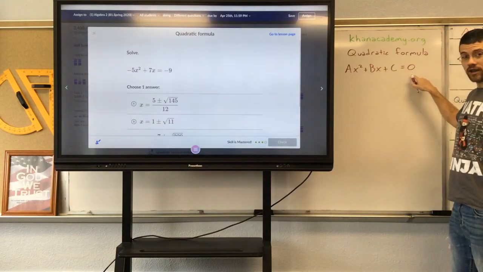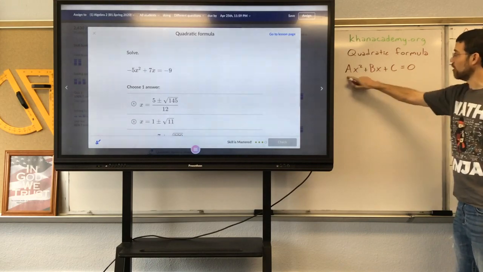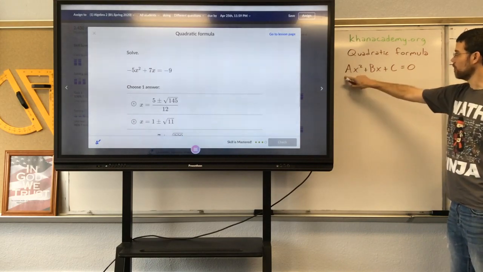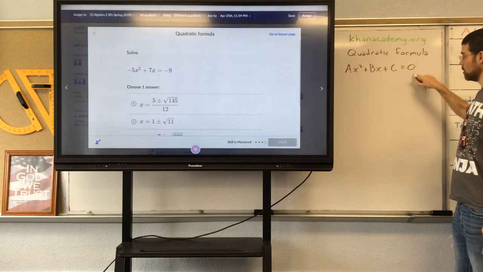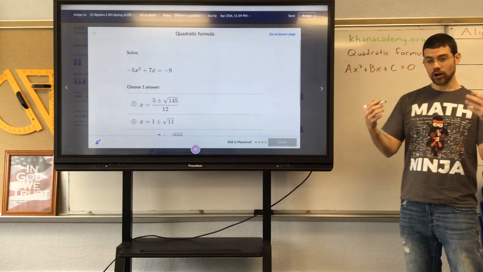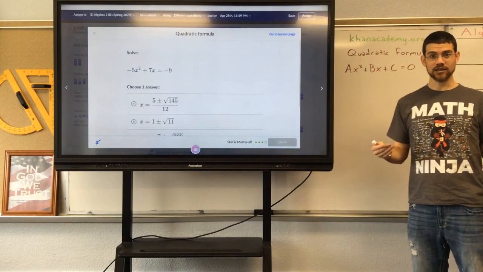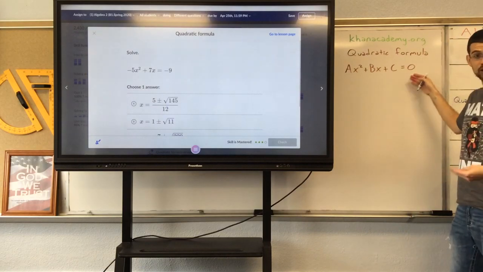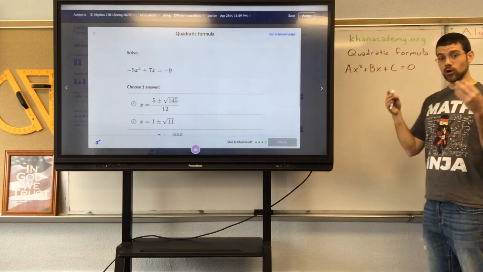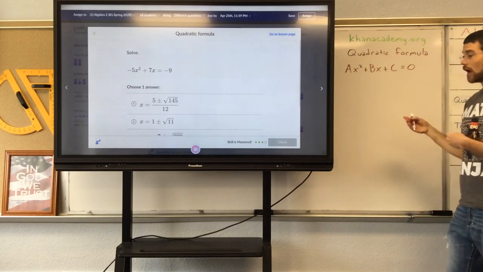So we're finding when a quadratic function has a value of 0, that is where, graphically, it crosses the x-axis because the function value is the y values. So we're looking for x-intercepts graphically.